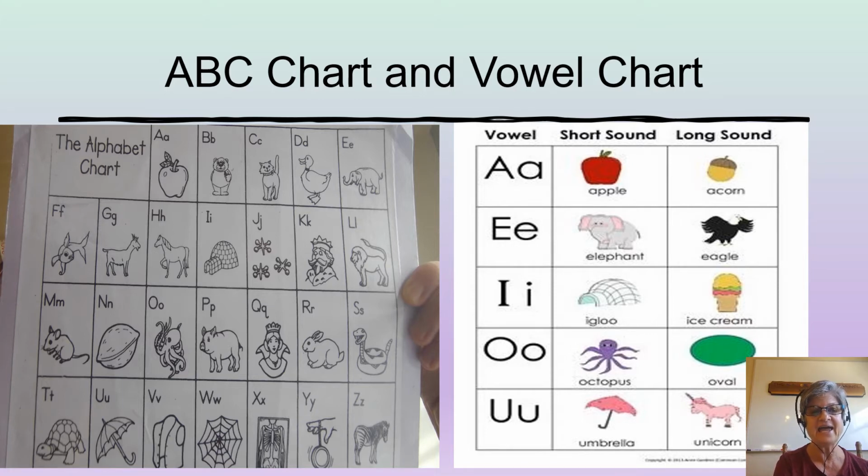A, A. B, B. C, C. D, D. E, E. Next row. F, F. G, G. H, H. I, I. J, K, L. Now next row.